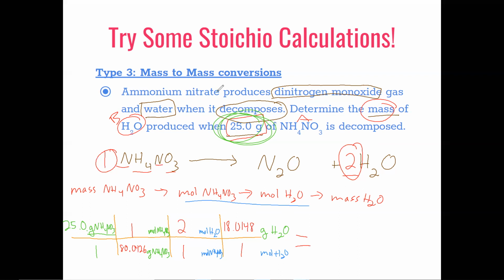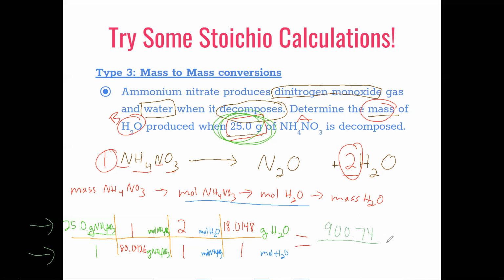Now, that was a little bit long, but we're still going to do the exact same thing. We are going to multiply straight across on the top, multiply straight across on the bottom to end up with this big fraction over here. So we're going to do 25.0 times 2 times 18.0148, and that's going to give us 900.74.